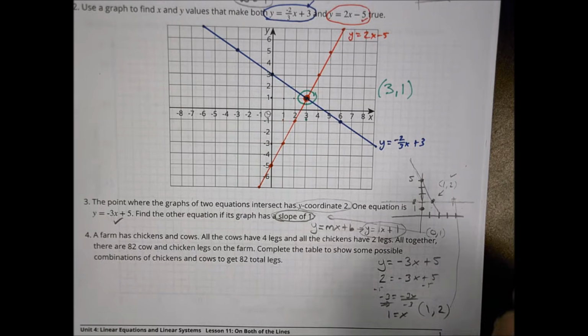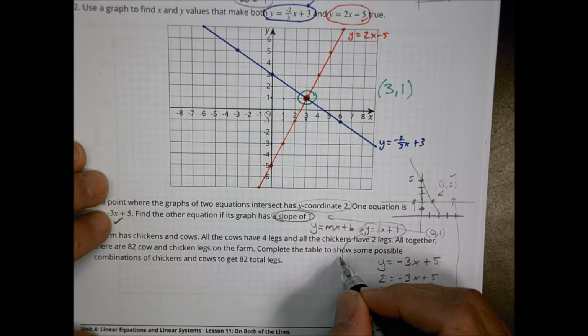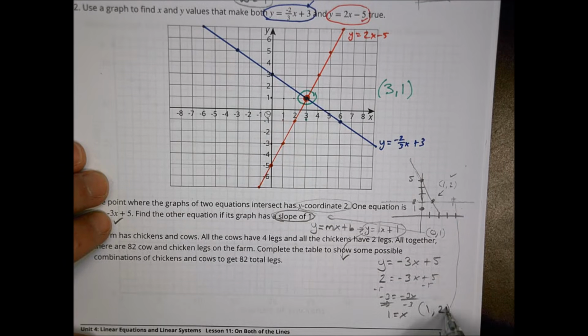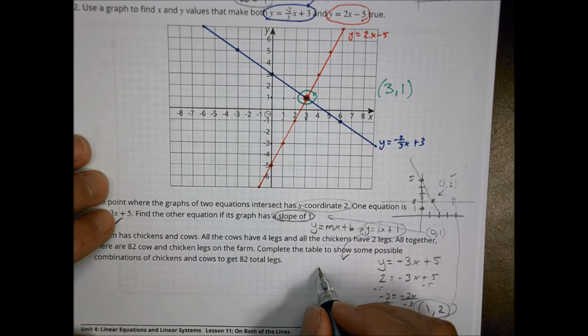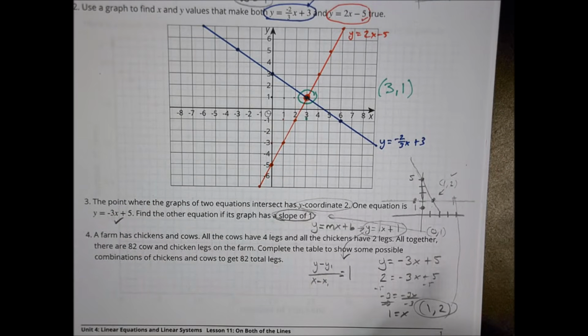The other way you could solve for this equation, in case you weren't sure here, here's one more way of doing this, right? If I know that I have a point, I can also say that, remember, y minus y1 over x minus x1 is going to be equal to the slope. Our slope was 1. So I know that to be true there. Now I have a point which was 1 and 2.